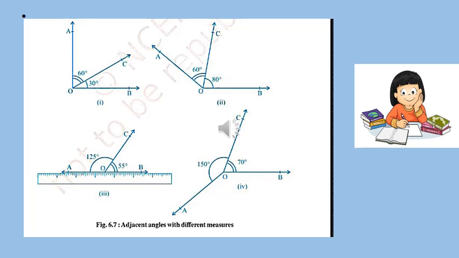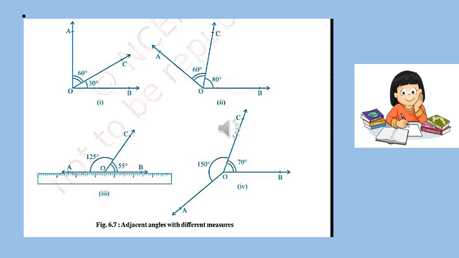Here in this slide you can see different adjacent angles with different measures. In the first, angle AOB is there, and there is a ray OC which divides it into two angles. One is 60 degrees and one is 30 degrees. 60 degrees is angle AOC, and 30 degrees is angle BOC.